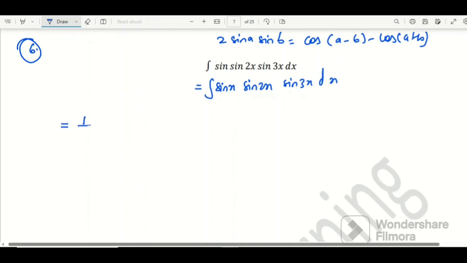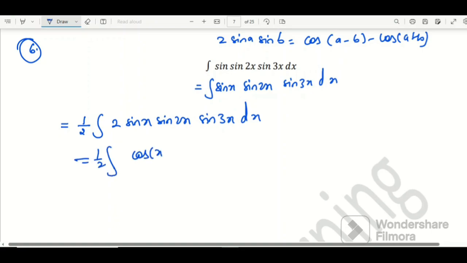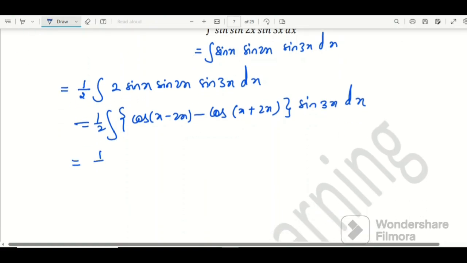So here I will write 1 by 2 outside. I will take 2 inside also. 2 sine x into sine 2x, sine 3x. So 2 sine a into sine b will be cos x minus 2x minus cos x plus 2x, sine 3x dx. And we know that cos x minus 2x will be cos minus x, and we know cos minus theta is cos theta.